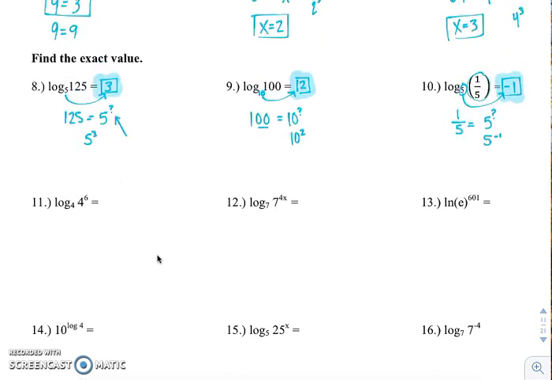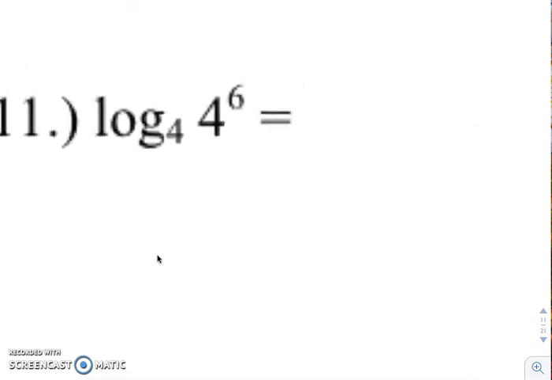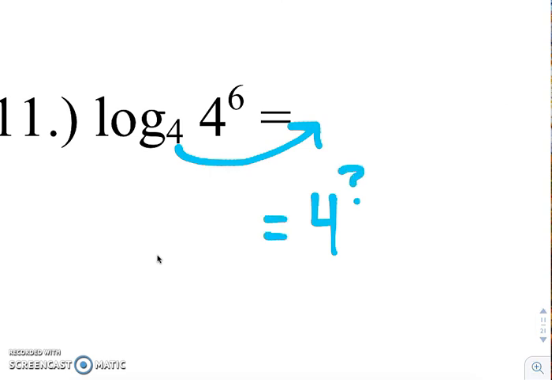So if we look at number 11, log base 4 of 4 to the 6th. I personally know that if I have a log base 4 and an exponent with base 4, they will cancel and I'll be left with just the 6. But if we rewrite this, 4 to what power equals 4 to the 6th?